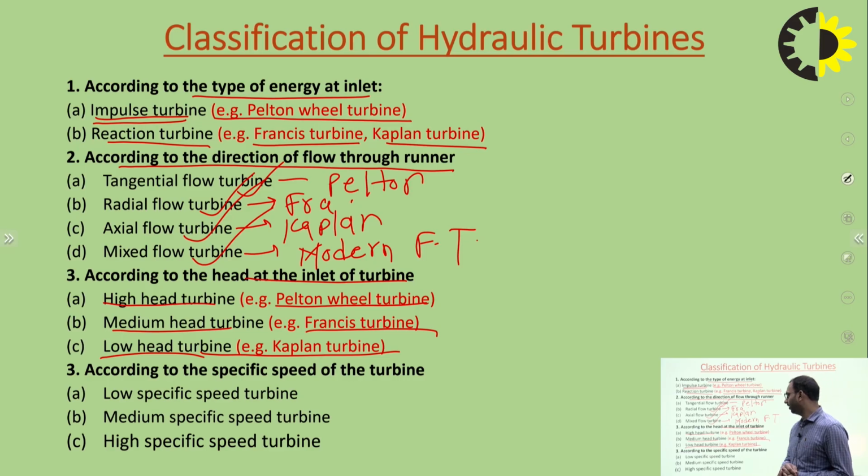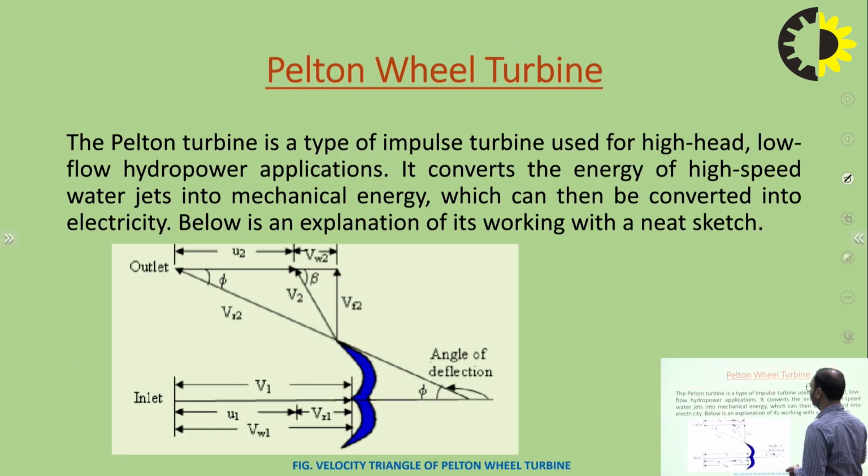Then according to the specific speed of the turbine, turbines are classified as low specific speed turbine, medium specific speed turbine and high specific speed turbine. Now I will discuss the construction and working of the Pelton wheel turbine.